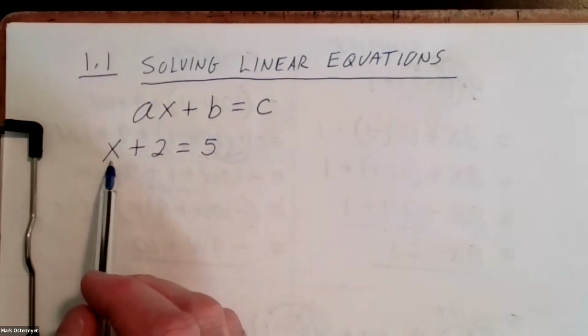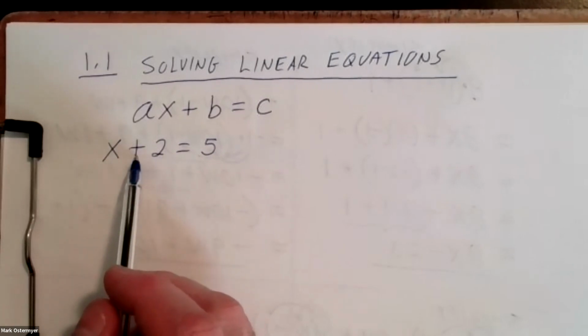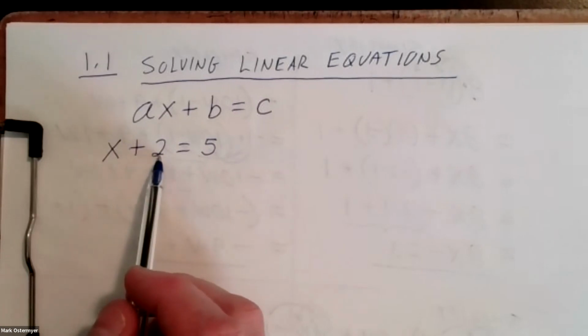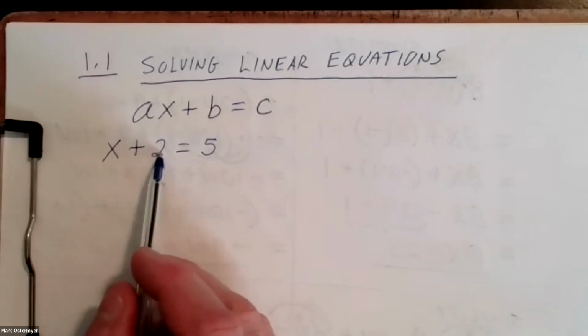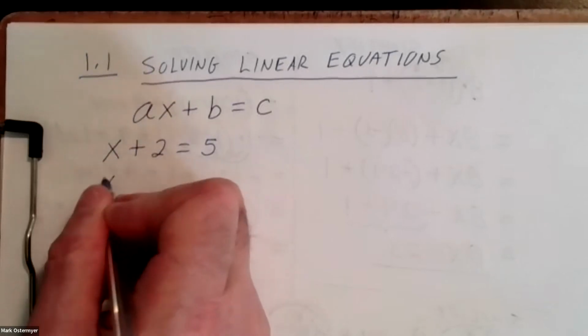We need to get rid of this 2 that's being added to x. What's the inverse of addition? Subtraction is the inverse of addition. And so in order to make this plus 2 go away, we're going to have to subtract 2 from the left side of our equation.